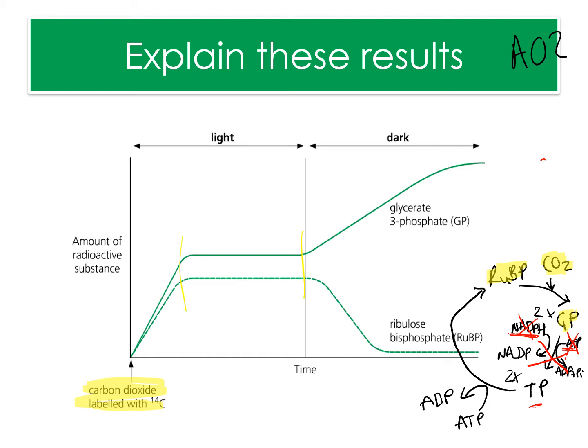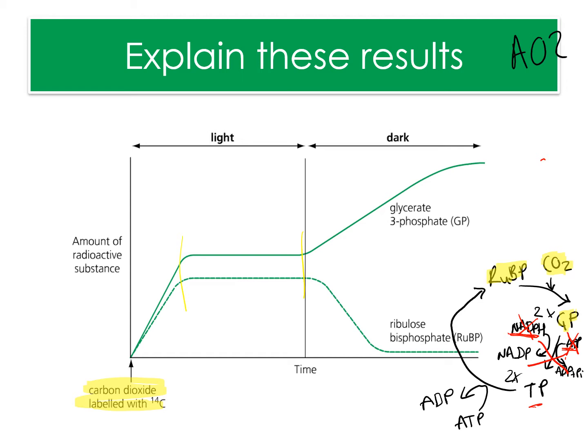And that explains why the GP is accumulating, it's going up, and it's starting to slow down, so we'll think about that as well. And our RuBP is dropping, so that's our general trend. RuBP is being used up because the carbon fixation continues, but the reduction step to TP stops.